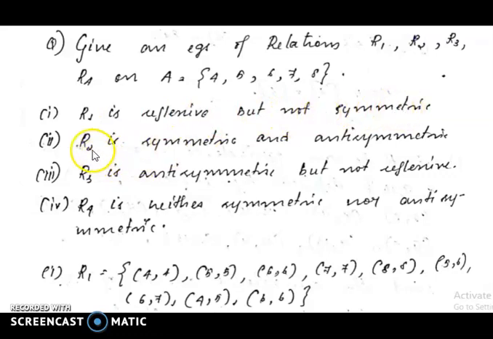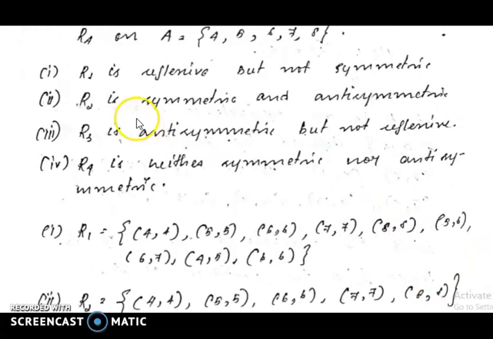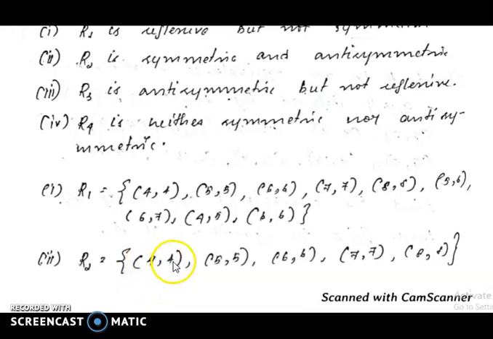Now, coming to the second case, symmetric and anti-symmetric. R2: you see 4 comma 4, 5 comma 5, 6 comma 6, 7 comma 7, 8 comma 8. So here it is anti-symmetric and symmetric. Symmetric: 4 comma 4, A comma B is an element of R, B comma A is also an element of R. So for 4 comma 4, A comma B, B comma A is also 4 comma 4. 5 comma 5, A comma B, B comma A is 5 comma 5. 6 comma 6, inverse, that means B comma A is also 6 comma 6.